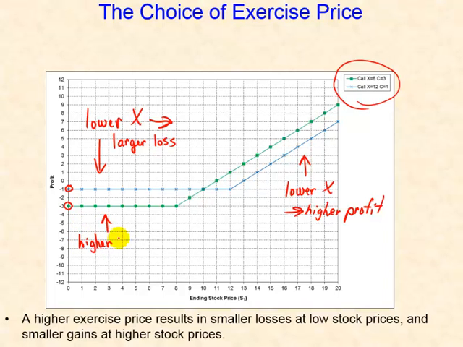price, so as X increases, we have a smaller loss. And on the right-hand side of the chart, as the exercise price increases from 8 with the green line to 12 with the blue line, higher exercise price leads to a lower profit.